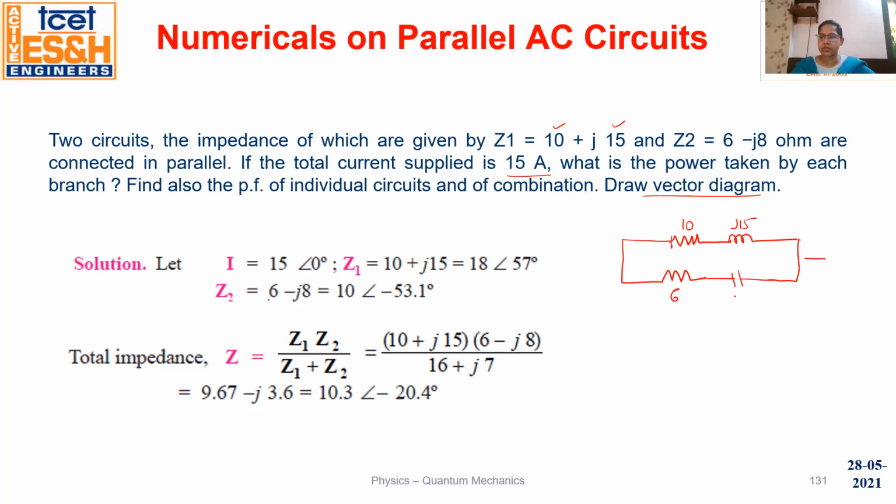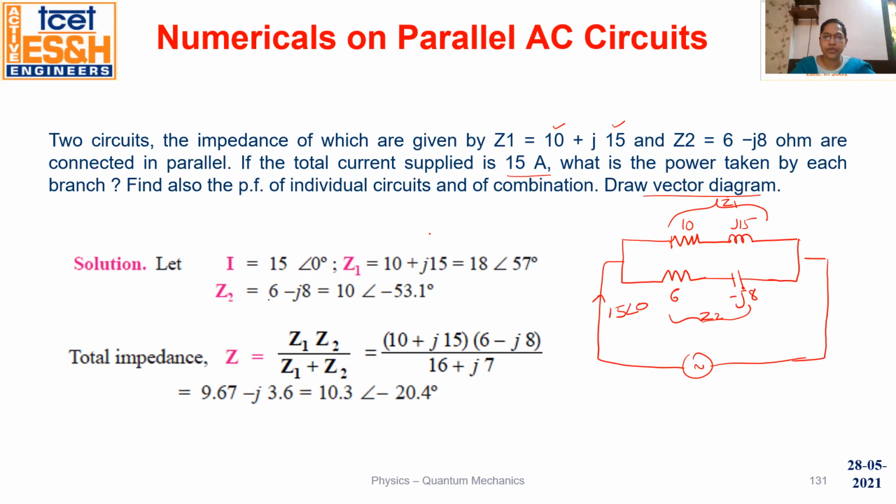This is Z2 and this is Z1. They are connected in parallel and supplied by the voltage source, and the total current is also given.